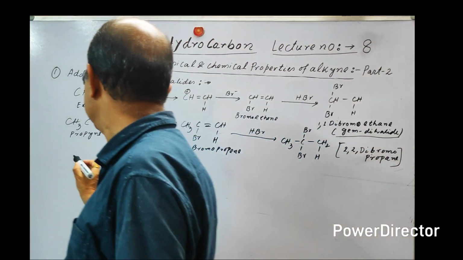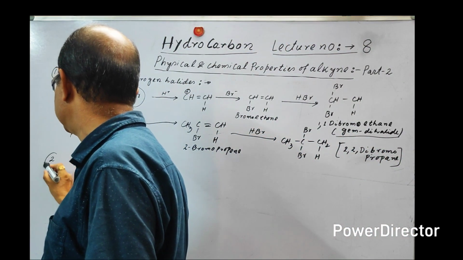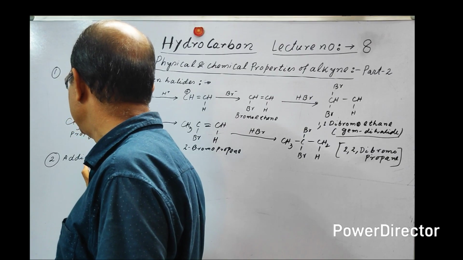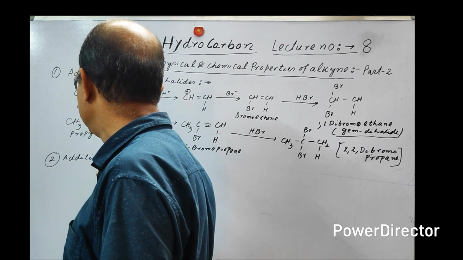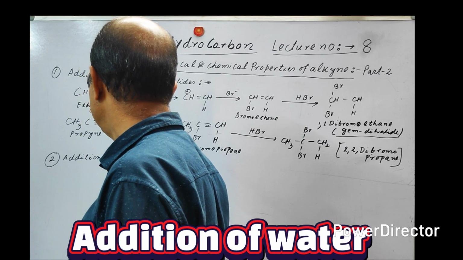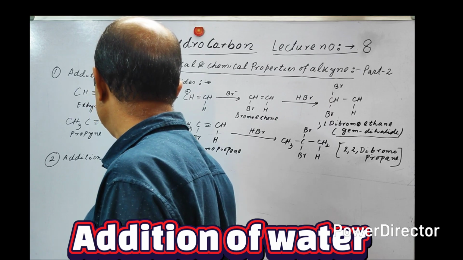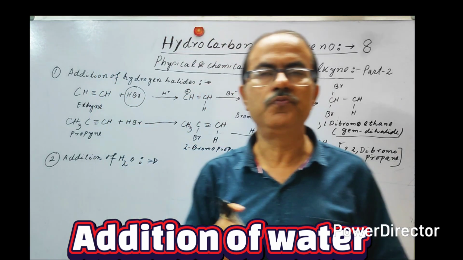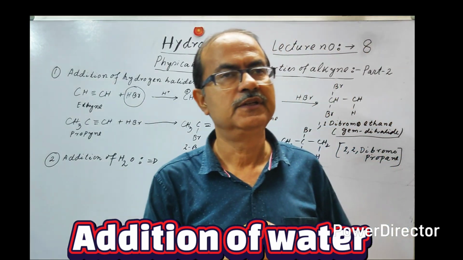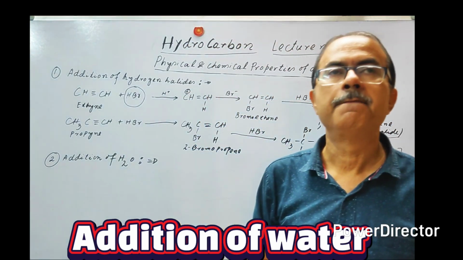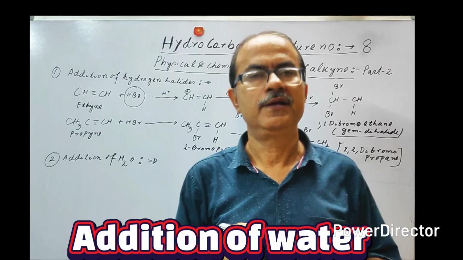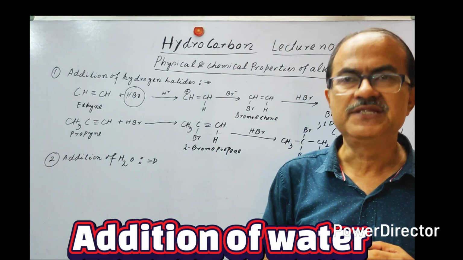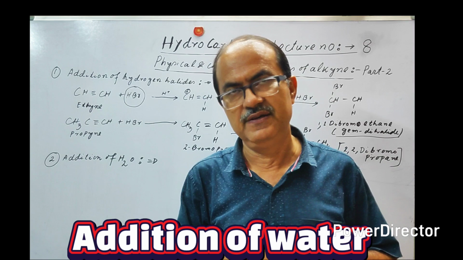Now, second, we are going to discuss the addition of H2O. H2O normally is not going to be added in normal condition because we know that ethyne is not soluble, or you can say miscible, in water.